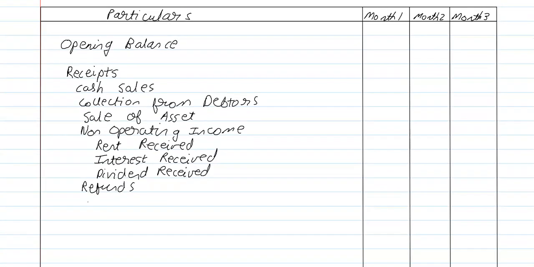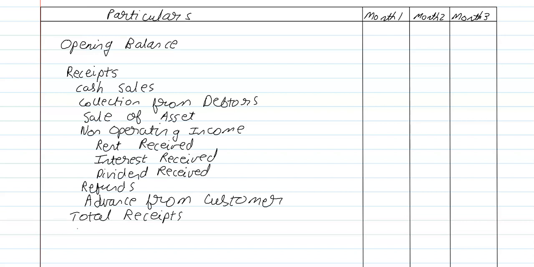Think about advance received from customers, so advance from customer. And there can be many other instances where the business receives money. All of these will be placed under receipts. Once you are done listing them down, we'll have total receipts.